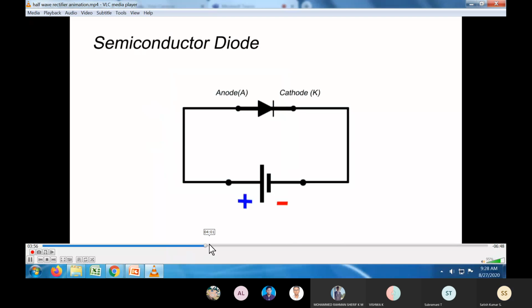In this case, the diode offers very low resistance to the circuit, or we can say it behaves like a closed switch. Whereas when reverse biased, the anode is at lower potential and the cathode is at higher potential. In this case, diodes do not allow electric current.